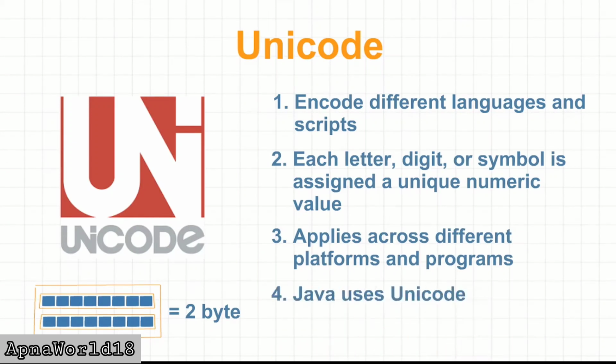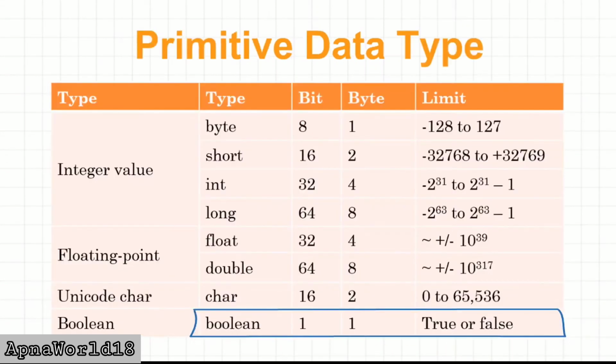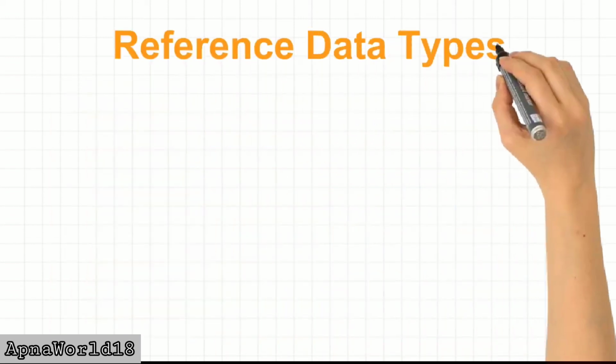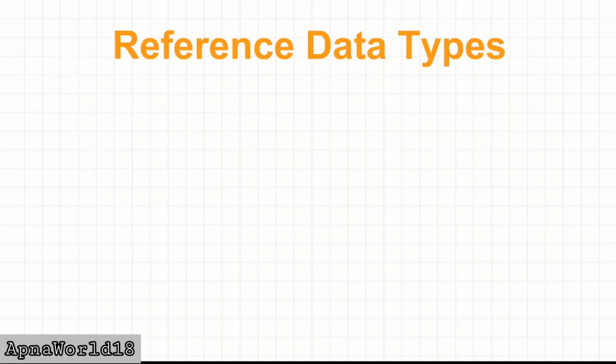Java uses Unicode. Next is Boolean, which has 8 bits or 1 byte of storage but stores only the values true and false.